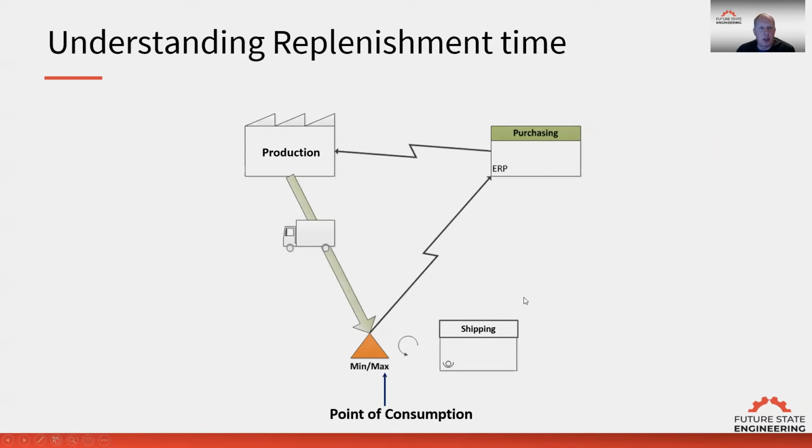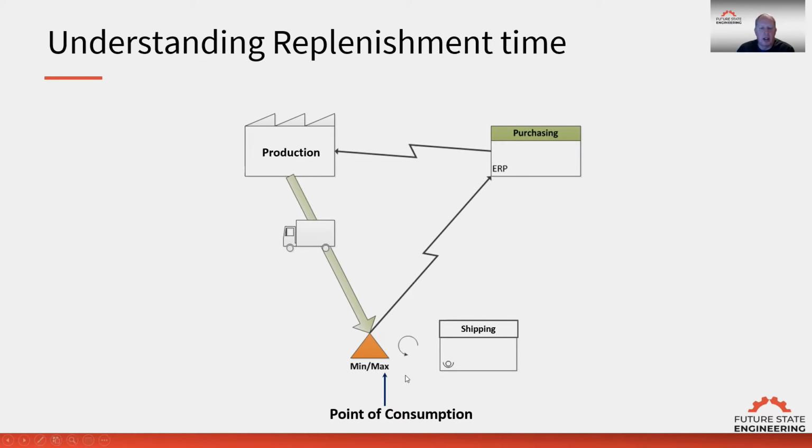So the first thing we want to do is understand what is the replenishment time. The replenishment time is made up of 3 elements. To measure it, you can just pick any point in the supply chain and start measuring when material arrives at that point until material for the same item arrives at that point for the next order.